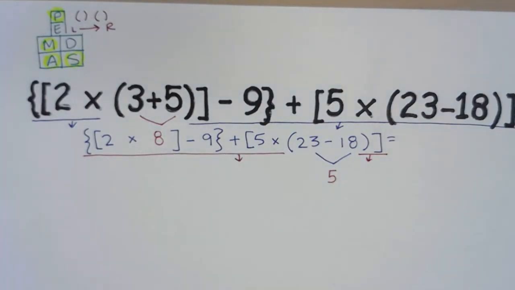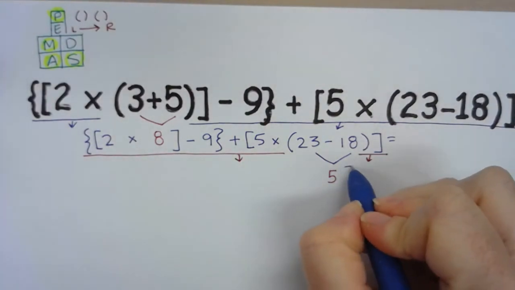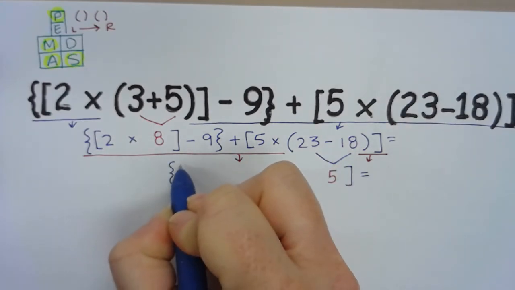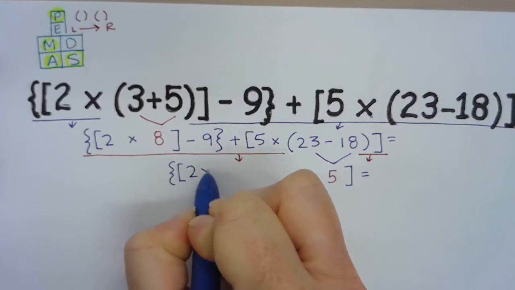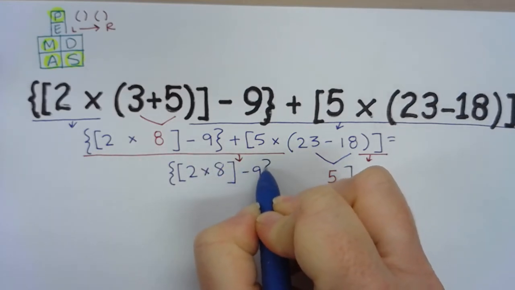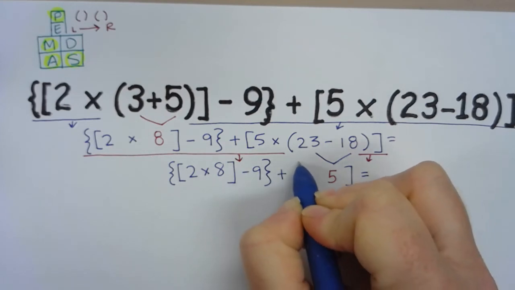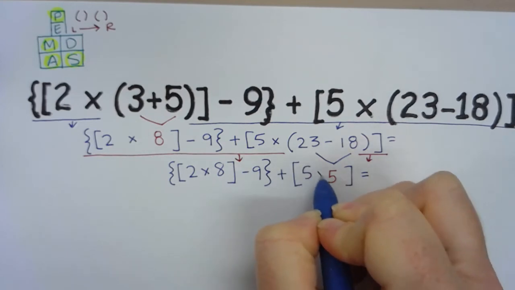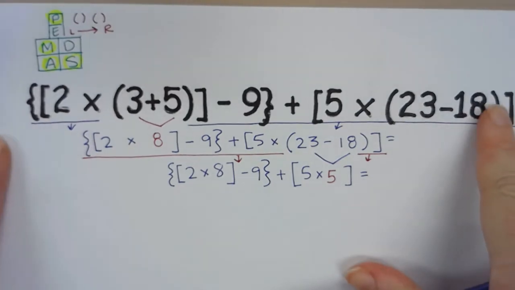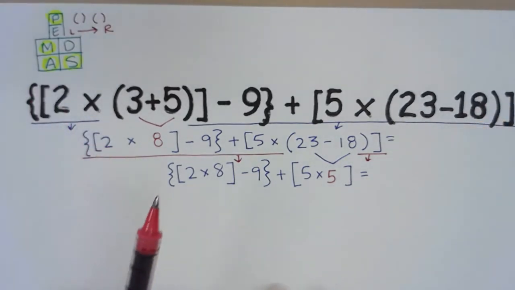Once again, there's a lot to bring down, but do not skip this step, boys and girls, because by rewriting, I'm giving my brain the chance to think, what has the next highest importance? Make sure you've rewritten everything else. Notice we're slowly simplifying the problem as we evaluate it and bring down everything else.